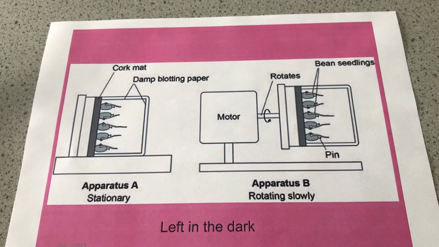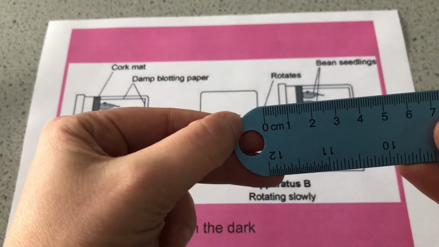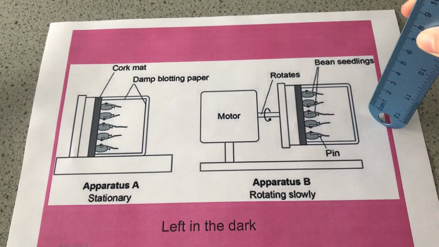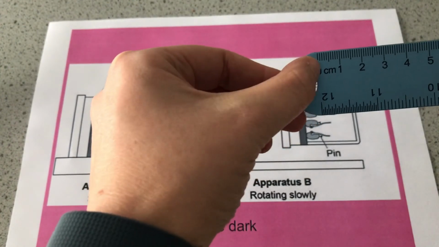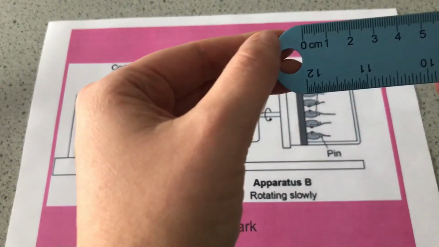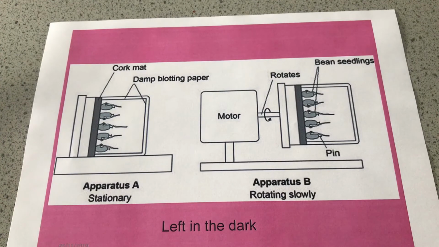Now, on some rulers, we see that the scale doesn't really begin at the end of the ruler. If we look at this ruler here, we can see that the scale actually begins some distance in on the ruler. Now, if we were just to measure the height of the shoot, then it wouldn't be accurate while we included this part of the ruler. So we need a ruler that starts like a meter stick, really, starts on the 0, and then we're going to get a more accurate reading of the height of the seedlings.